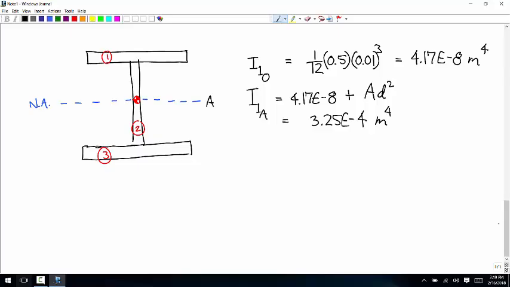Okay, and then rectangle 2. So I2, the neutral axis of that middle rectangle is the same as the neutral axis for the whole shape. So there's no parallel axis theorem part for this. So d squared is the distance between the axis and the center. Yeah, d is the distance in this case between those two bluish dotted lines.